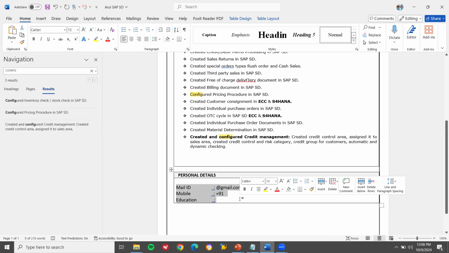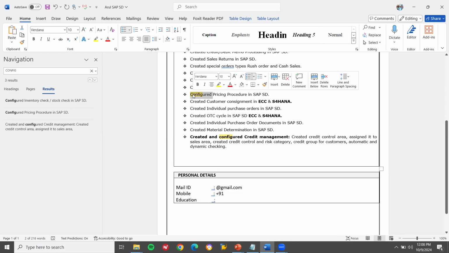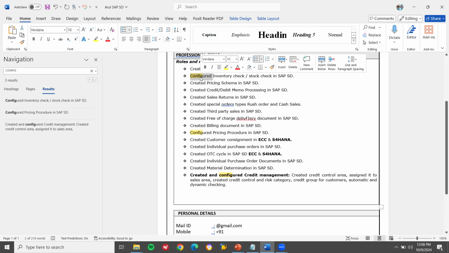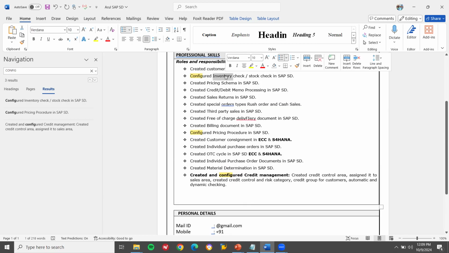Even in the projects, he didn't specify anything pertaining to configurations. Only these places he specified: pricing procedure and configuration in credit management. Other than that, he didn't do anything. Even in inventory management, where is the inventory check in FICO? So he didn't do any configurations.